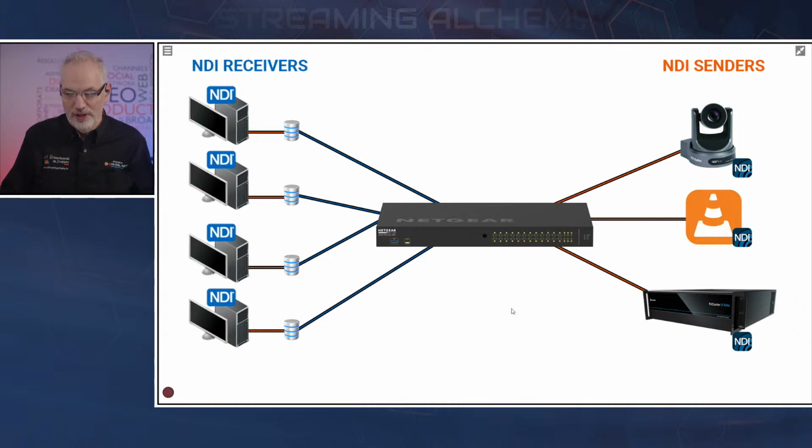So when these all advertise, any systems that are up that are potential NDI receivers will actually see that message go out. It's a multicast message. That's the M in mDNS, multicast. And what they will do is they will take that information from that NDI source and they will store it in what's called a local daemon.